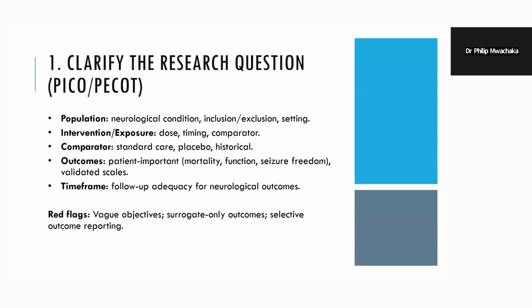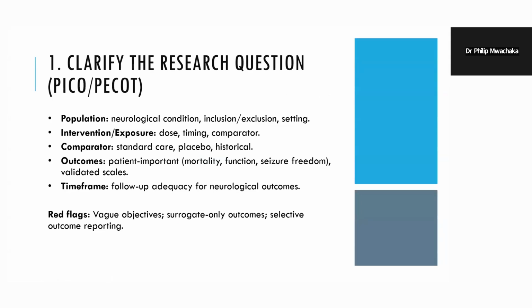This is extremely important. And if you want to analyze the research question, then the following must be clear from the research paper or article. Population studied. Okay, so this needs to be clearly described.